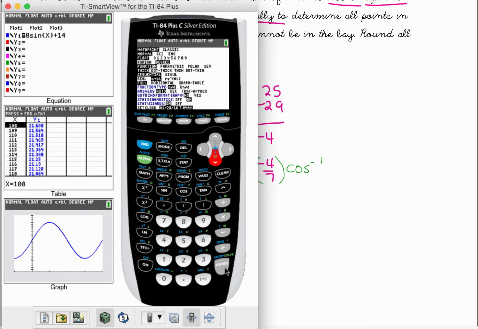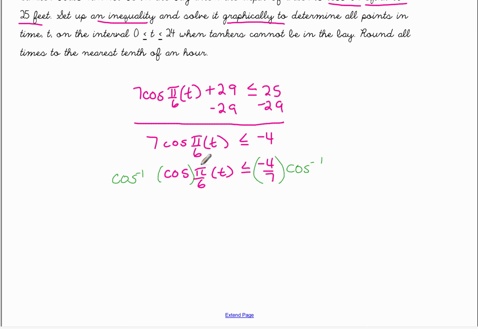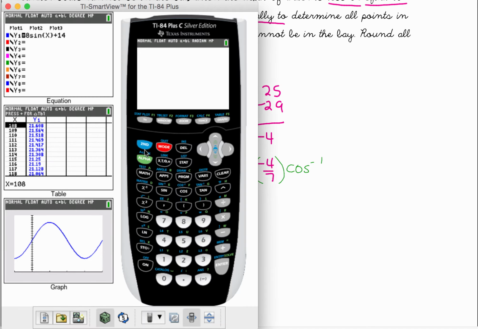Why am I in radians? Because I have this pi right here. All right. So I inverse cosine -4 divided by 7. And I get this answer of 2.1, we'll say it's 2.18.